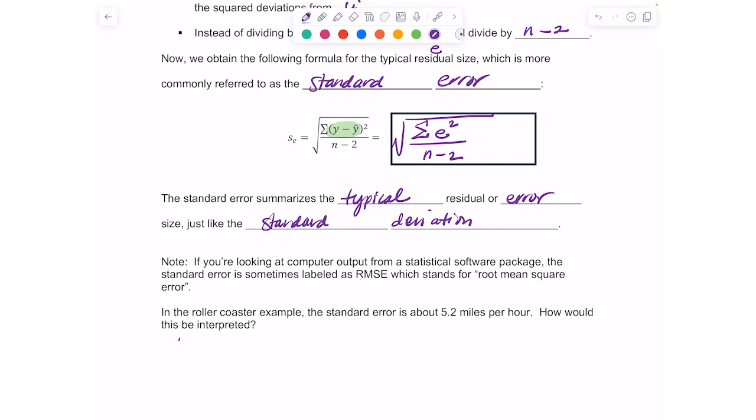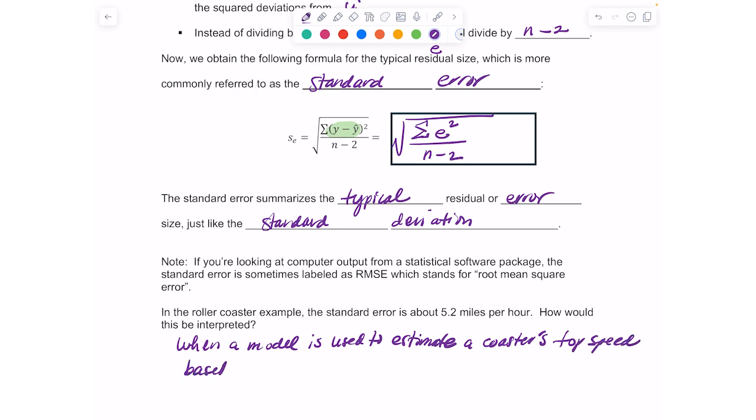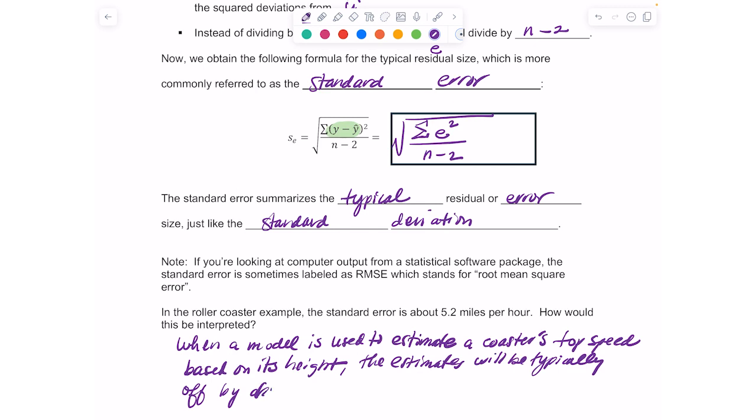We would interpret this as: when a model is used to estimate a coaster's top speed based on its height, the estimates will typically be off by about 5.2 miles per hour.